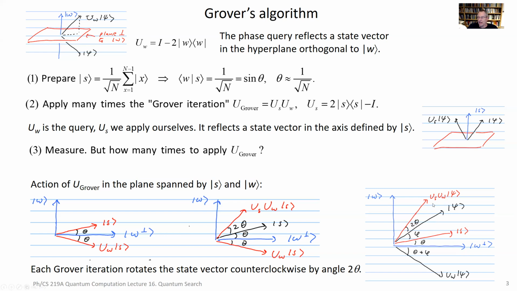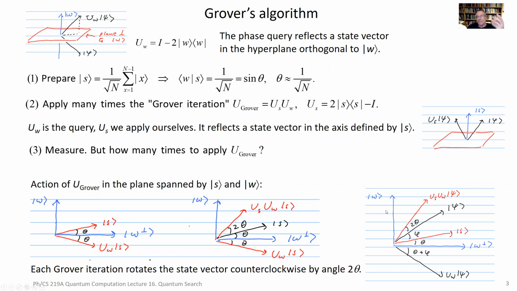So that's what I indicated here. The initial state, psi, made an angle phi, rotated counterclockwise with respect to S. We do another Grover iteration, and that vector has been rotated counterclockwise further by another angle 2 theta.